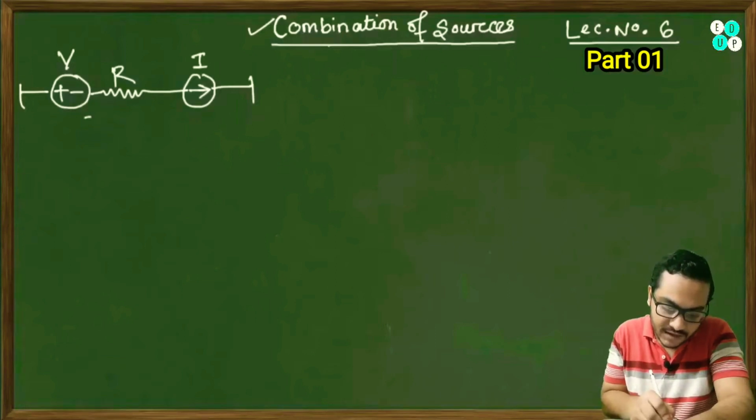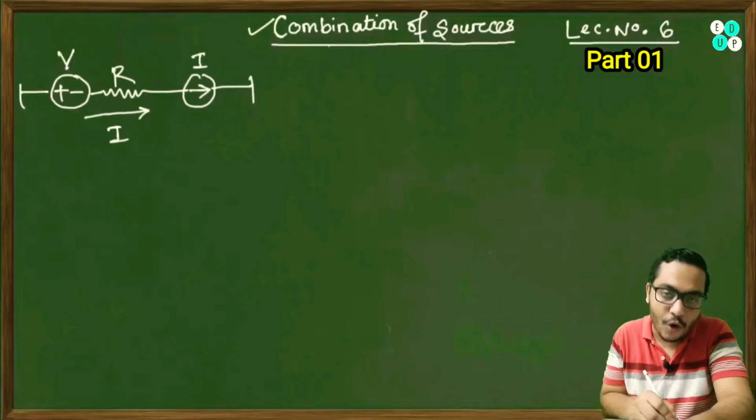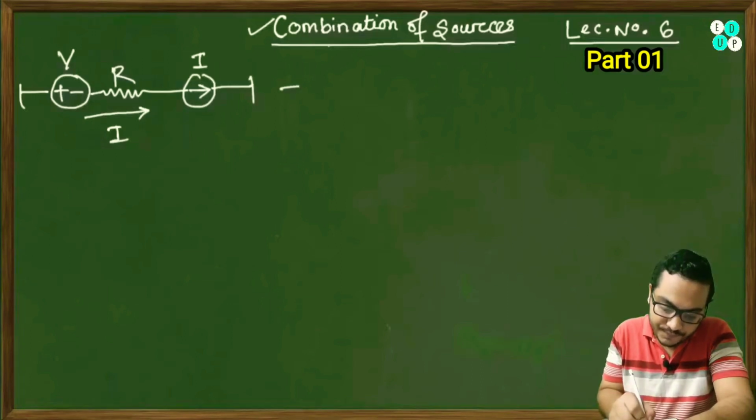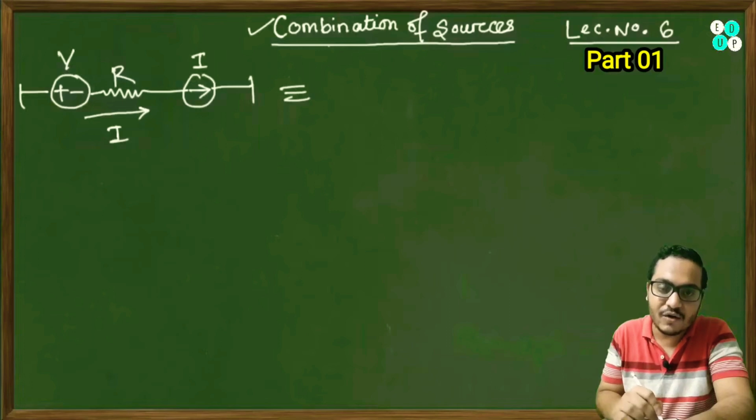So the total current will be I, flowing through all the elements in this branch. So this combination of sources can be treated like a resistance with a current source alone, because we can neglect the voltage source.